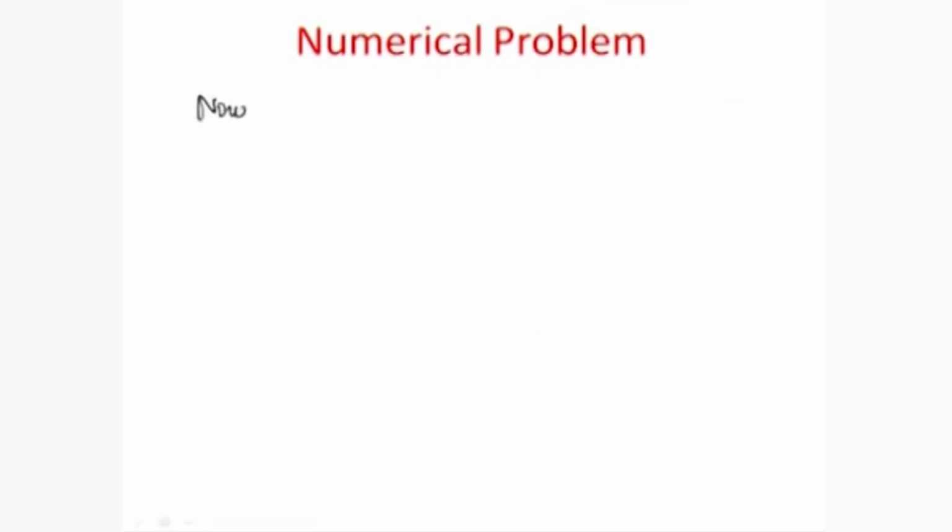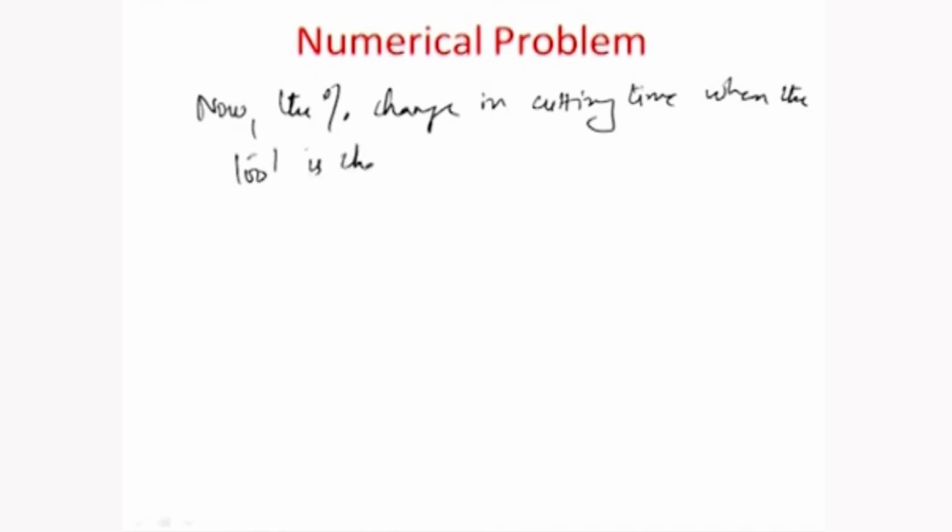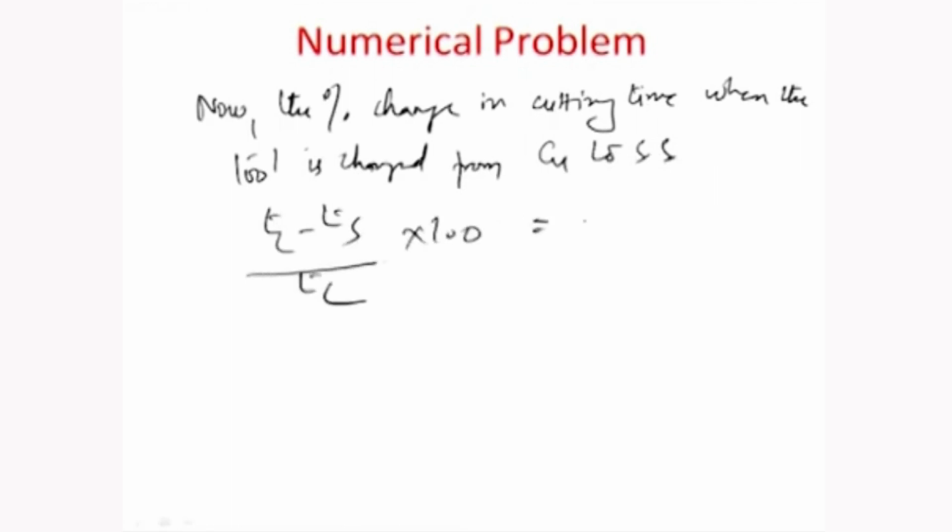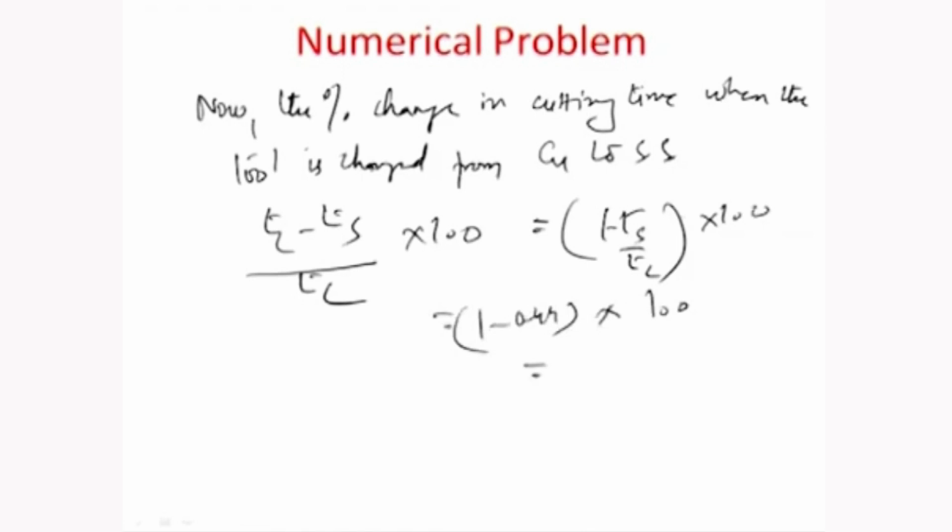So that percentage change in cutting time when the tool is changed from copper to stainless steel is Tc minus Ts by Tc multiplied by 100, so it is 1 minus Ts by Tc, okay, and this is 1 minus 0.44 times 100, it is about 56% reduction.